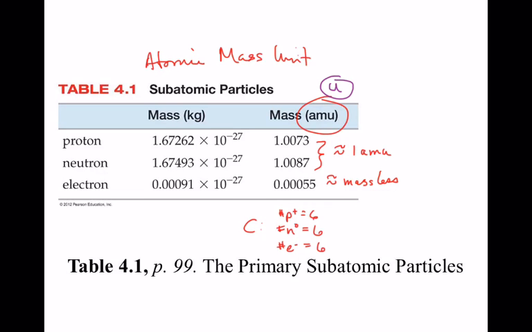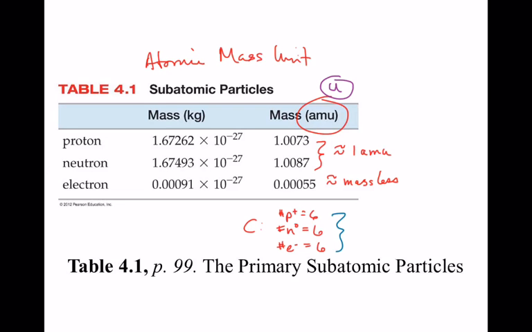Now here's the cool thing: if you add up 6 times 1.0073 AMUs plus 6 times 1.0087 AMUs plus 6 times 0.00055 AMUs, you would get how much a carbon atom weighs. I think that is so cool.